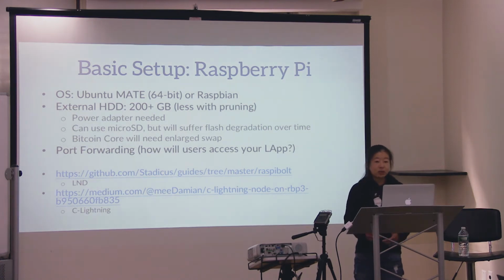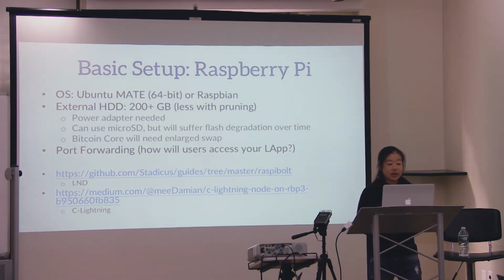I'm not going to go over how to set up Bitcoin Core or Lightning on a Raspberry Pi, because there have been some really good guides written about how to do that, and they go more in depth than I can go into here today.